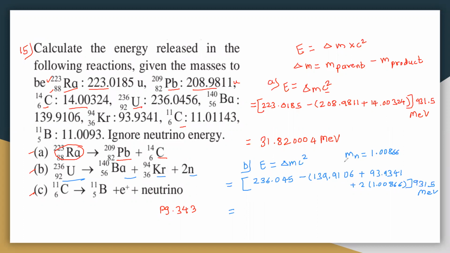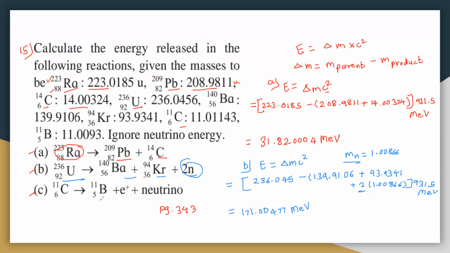Mass of neutron, it is a constant value which is 1.000866. But here it is written 2 into n. That is why you need to multiply it with 2. And when we just do that addition and subtraction, you will get the final result as 171.00477 mega electron volt. Okay, so this way you will get the answer for B.